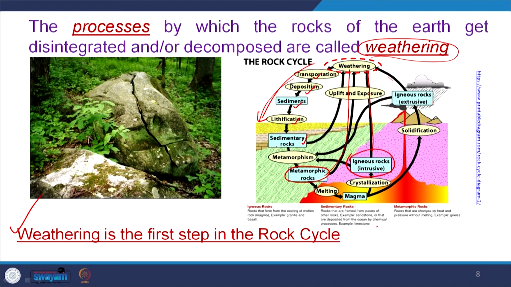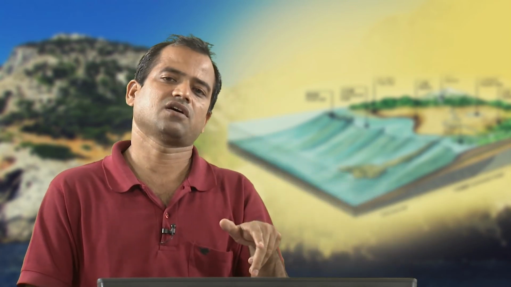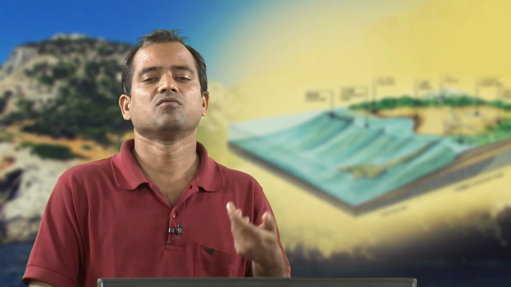So, whether it is extrusive igneous, intrusive igneous, metamorphic, or sedimentary rock, all types of rocks get weathered with time and the product is soil development. The more the weathering, the thicker the soil, and the more mineral constituents accumulate in the soil, making the soil more fertile. So, these are the advantages of weathering.